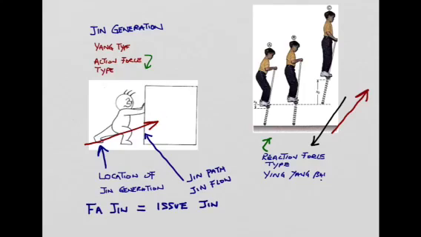That's why it's called yang type. And in yang type, normally you can see the body will slightly lean forward, because they have to push their body like when they push a car.